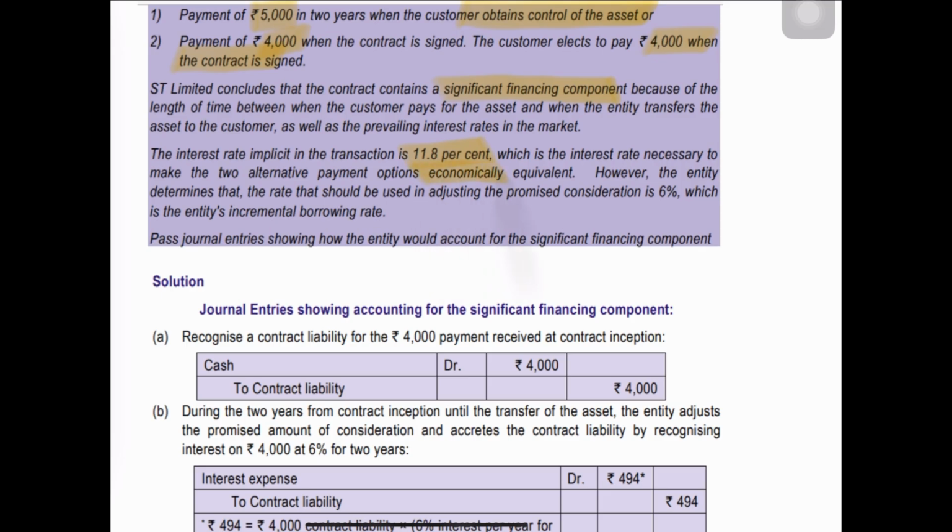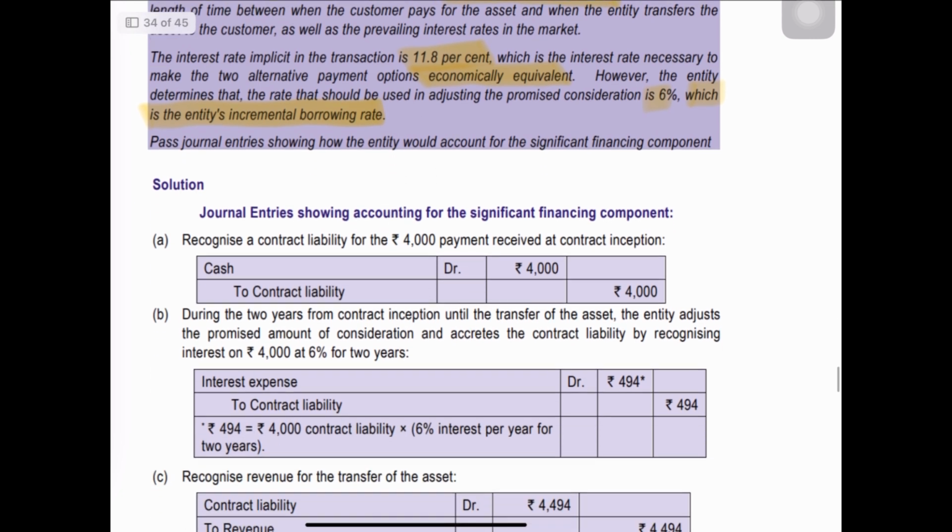However, the entity determines that the rate to be used in adjusting the promised consideration is 6%, which is the entity's incremental borrowing rate. So let's pass the journal entry.